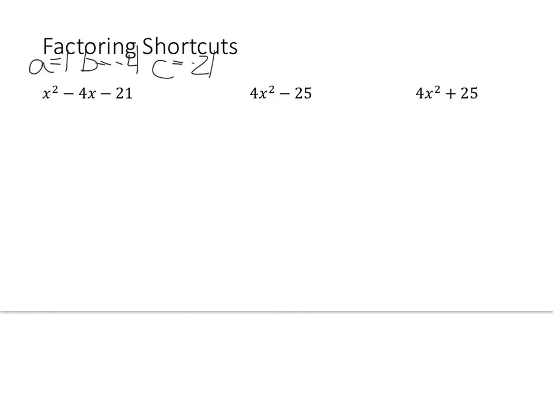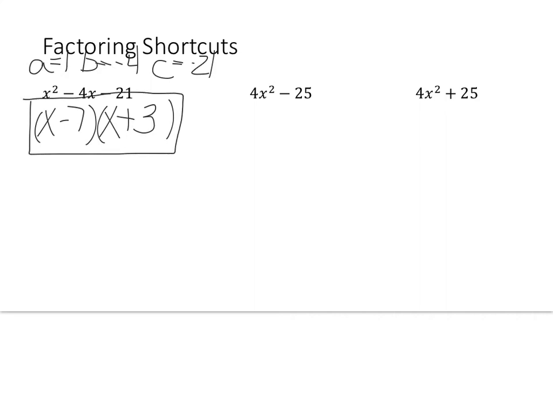So I need to find two numbers that will multiply to -21, but add to -4. And right away, I know that that is -7 and 3. So I could either solve this using the star, or since a is 1, I know that my two factors will just be x minus 7 and x plus 3.